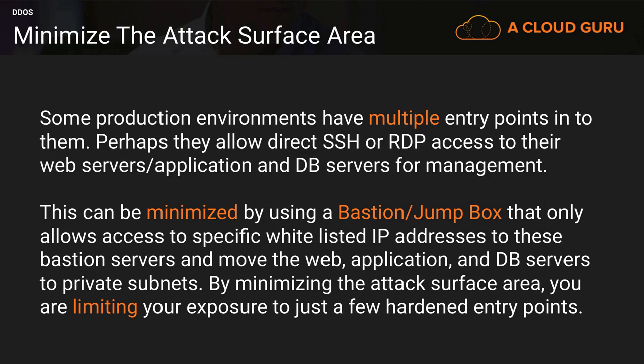Of course, only white-listed IP addresses can get into this Bastion or jump box, and then all you have to worry about is hardening that Bastion and making it as secure as possible. Maybe you want to use the Center for Internet Security's hardened OS that we saw in the AWS Marketplace for that Bastion or jump box. And by minimizing the attack surface area, basically you're limiting your exposure to just a few hardened entry points.